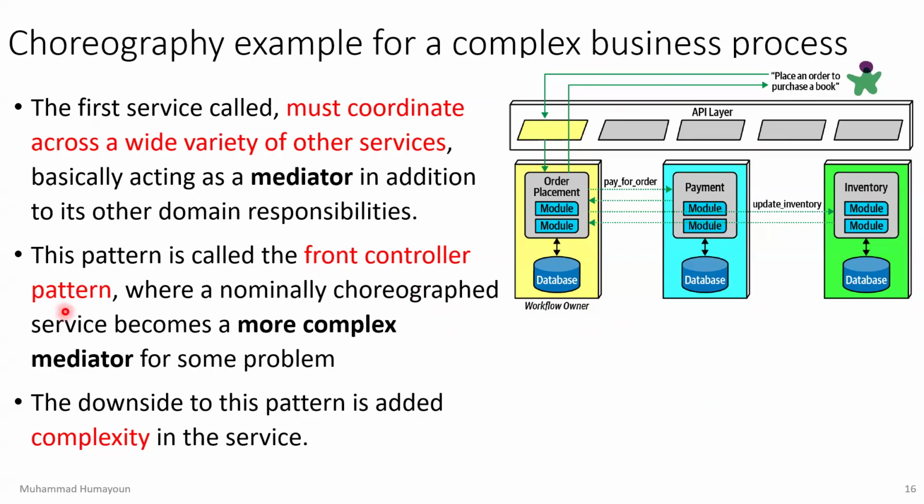You can use it when your business process becomes more complex, so you can depend on it. However, the downside is that now there is more complexity in order placement, and it has to devise the logic that it needs to communicate with the payment service, and it needs to communicate with the inventory service, in order to fulfill this order placement task.